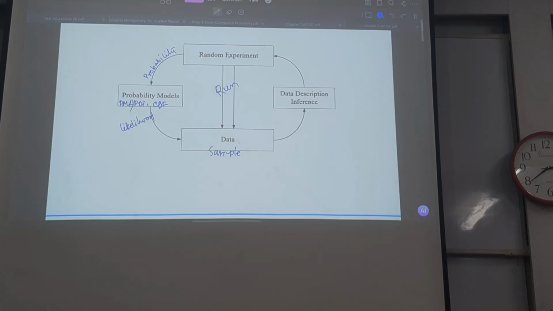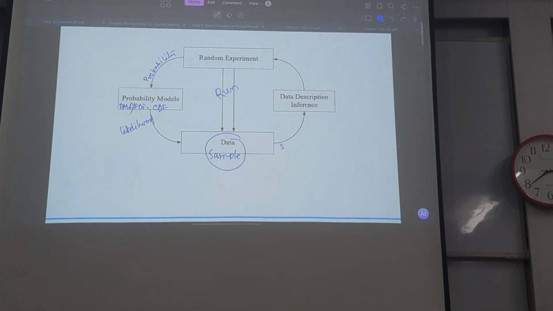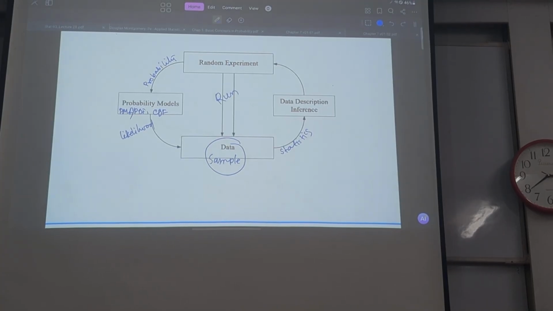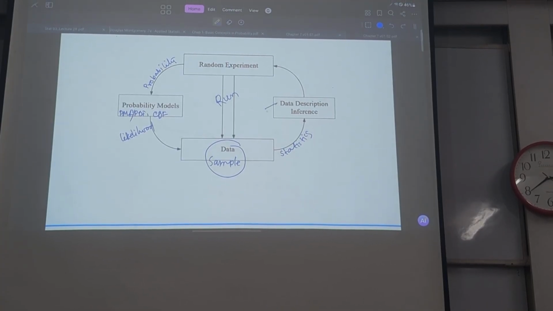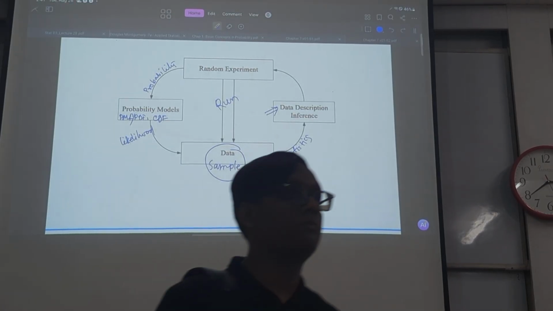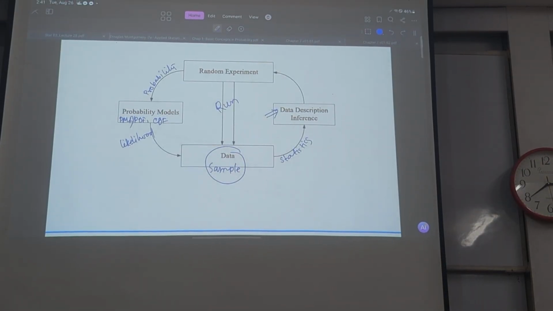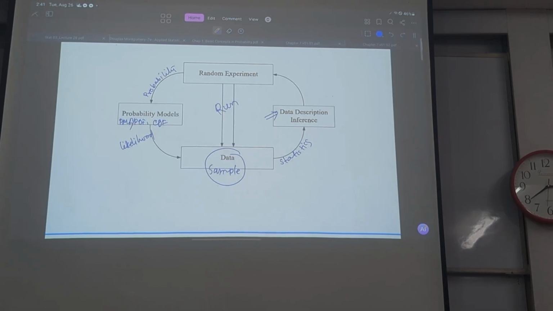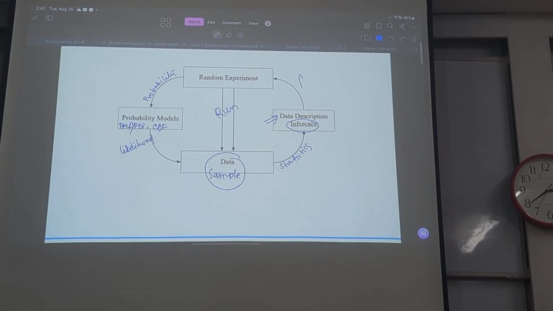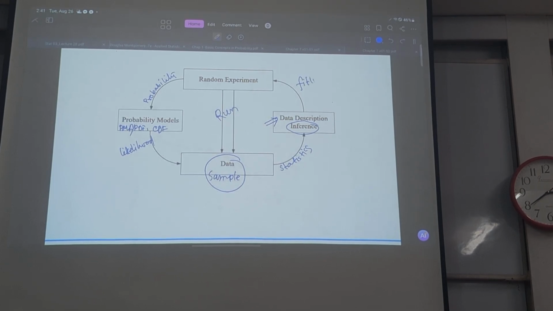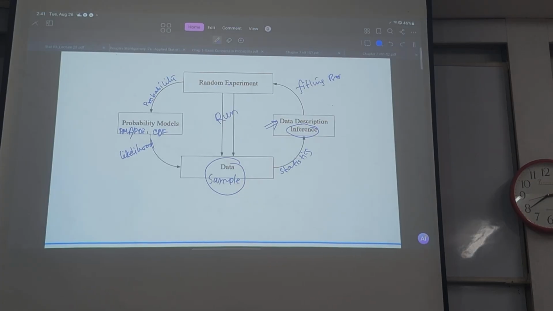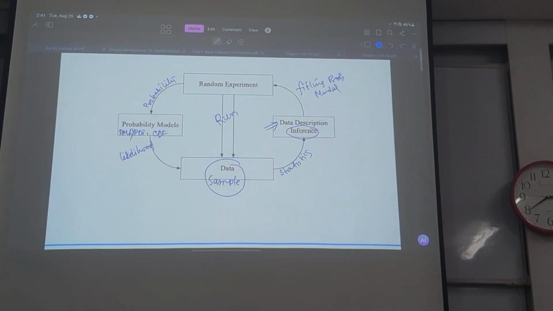On the other hand, when we have a sample of data, statistics will deal with a representation of the data, a description of the data, which can be a graph, which can be a histogram, which can be a summary, or you can have some sort of inference from the data, and this inference will fit a model, or fit a probability model for the data.